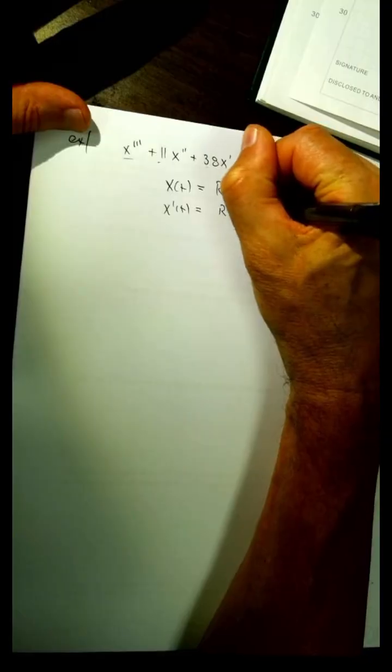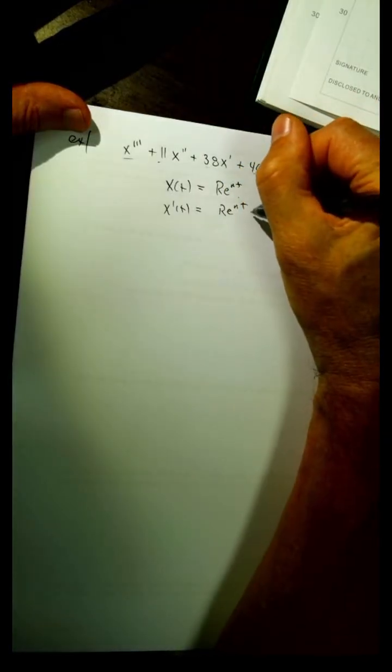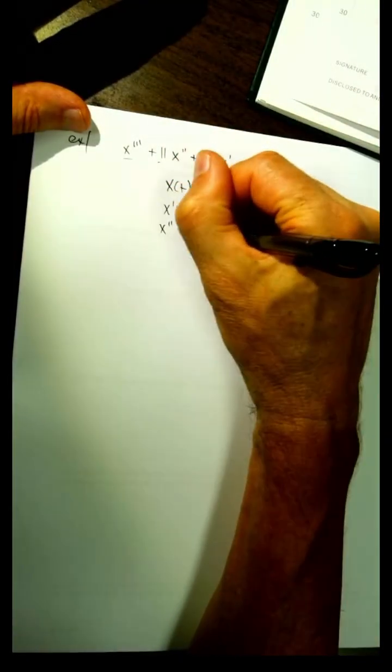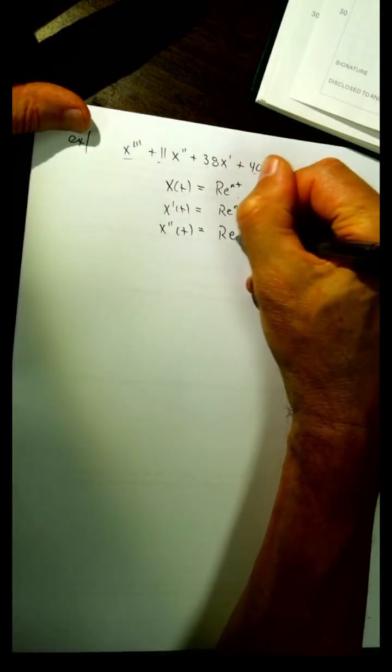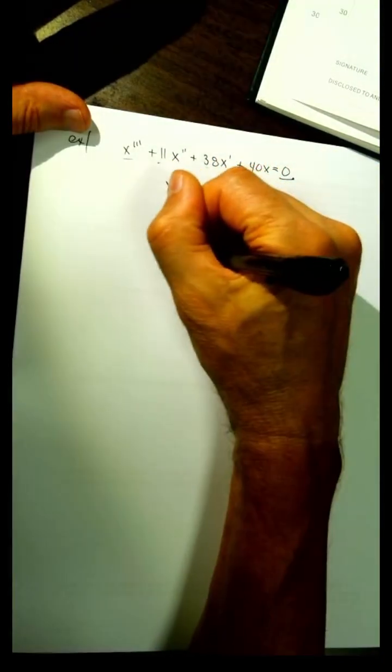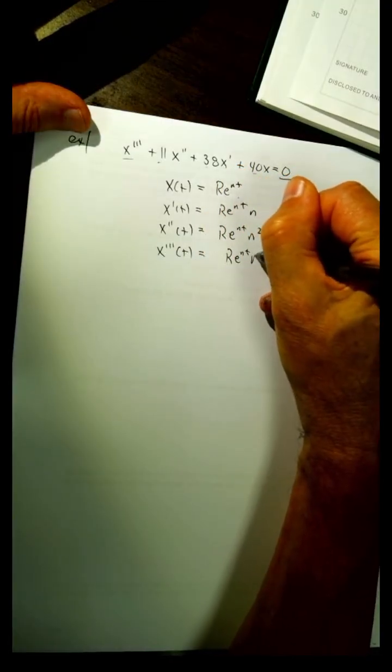Okay, so let's see. I'm going to plug this into my equation, so I need to take 3 derivatives. The first derivative is re to the nt times n. The second derivative is re to the nt times n squared. And the third derivative is re to the nt times n cubed.